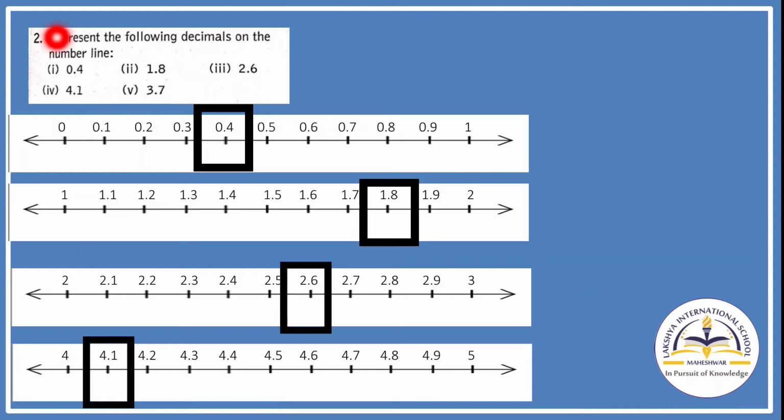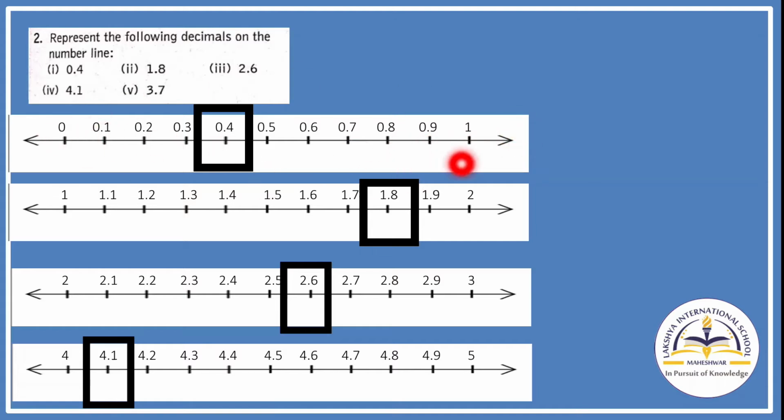Now question number 2, represent the following decimals on the number line. What you have to do is represent them on the number line. Now as in the previous, you make the number line like 0, 1, 2, here -1, here -2, or whatever. Now between 0 and 1 there are many numbers. What are they? It is written here 0, 0.1, 0.2, 0.3, 0.4, 0.5 up to 0.9 and 1.